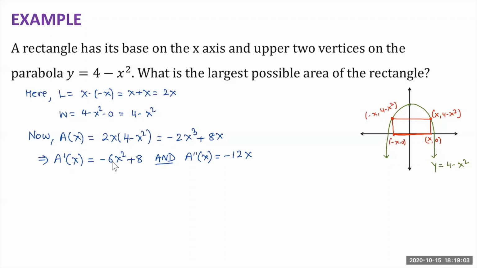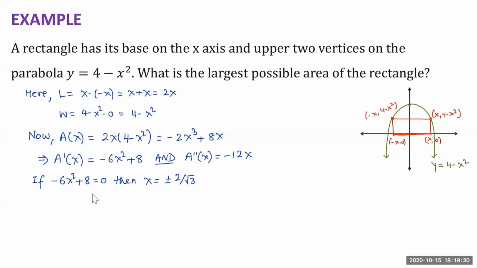So we can easily find the critical point by setting the first derivative equal to 0. If negative 6x squared plus 8 is equal to 0, then by solving this equation, we have x equal to plus or minus 2 over square root of 3.